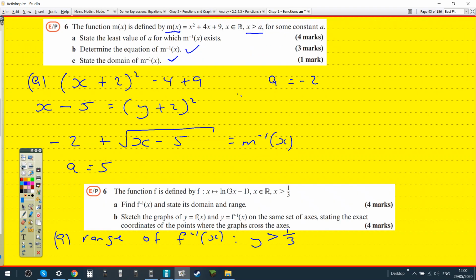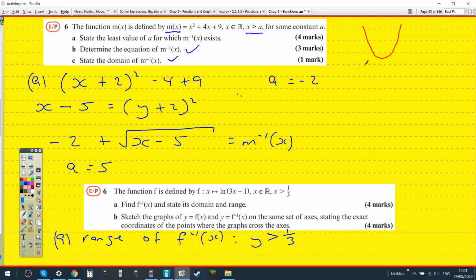Least value. How do you see for what domain a function exists if it's a quadratic graph? They said, for what domain is it a function, or for what domain is there an inverse function? Do you need to pick the minimum point?